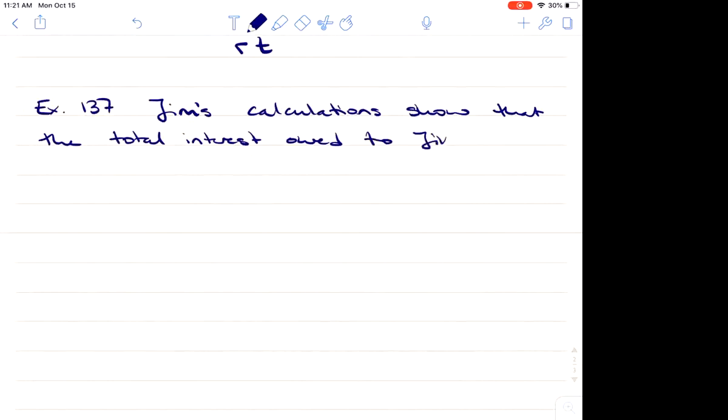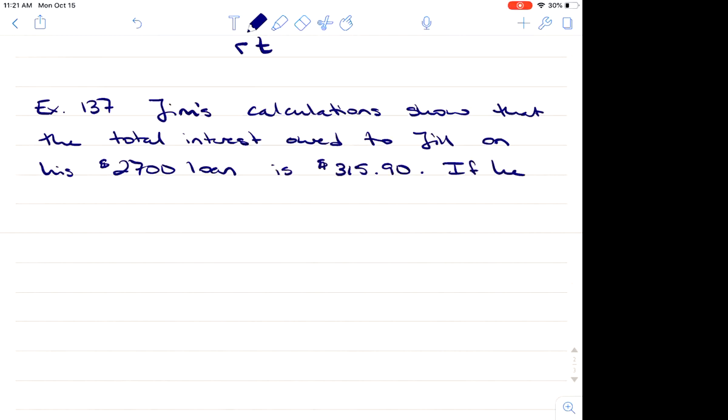Owed to Jill on his $2,700 loan, right? So now he's borrowed money, right? Which means he's going to owe interest at the end. Is $315.90. Okay.